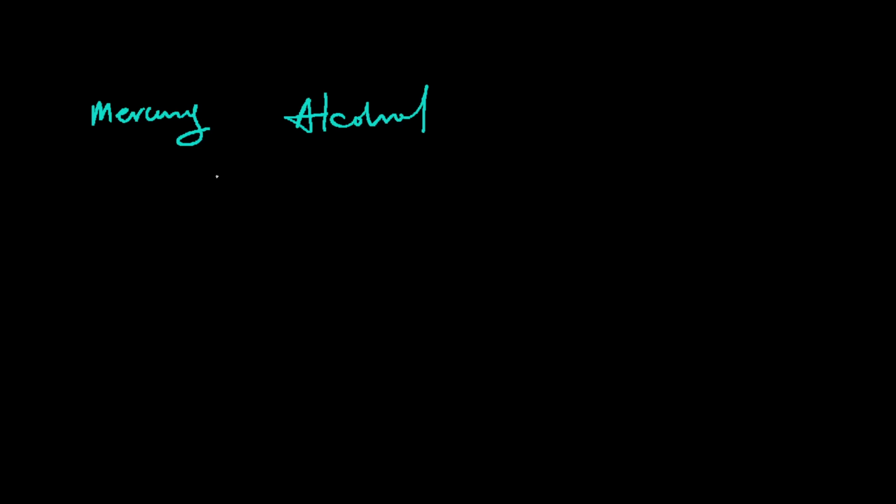And secondly, mercury does not vaporize easily. But alcohol is a volatile substance. It vaporizes easily. Are you getting this now? That can be a very good advantage of mercury over alcohol.